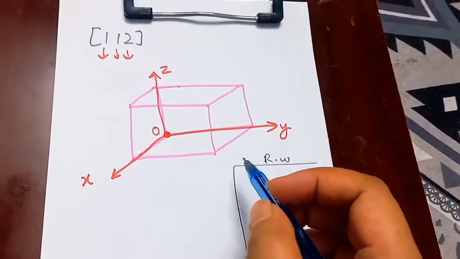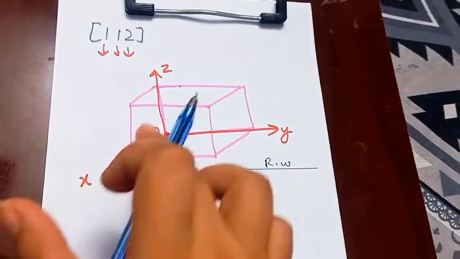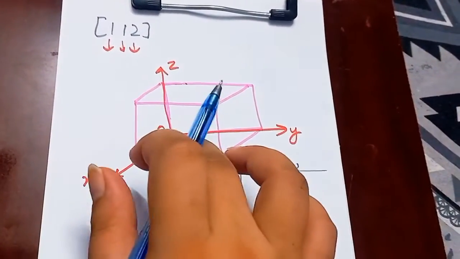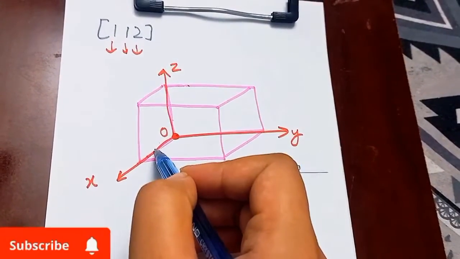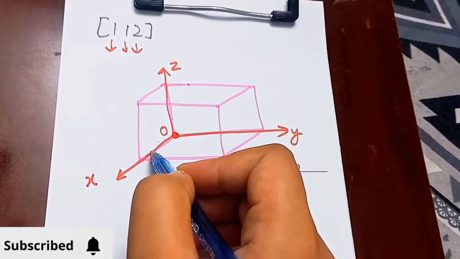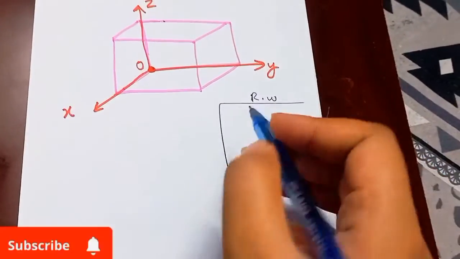Intercepts are the points where the plane touches the axis lines. These three are the only axis lines, and the point where the plane cuts or touches these axis lines is called an intercept. That's an easier representation of planes.